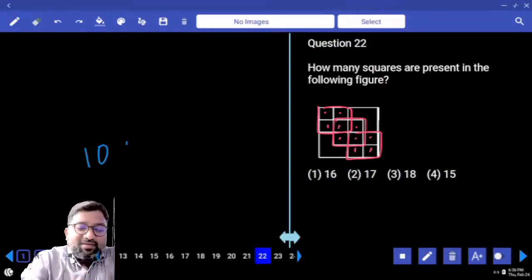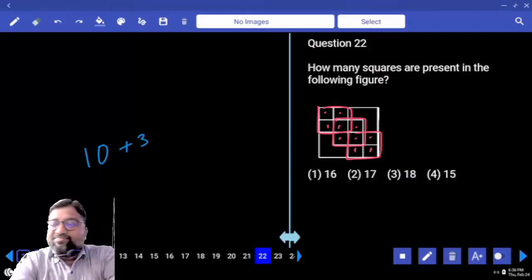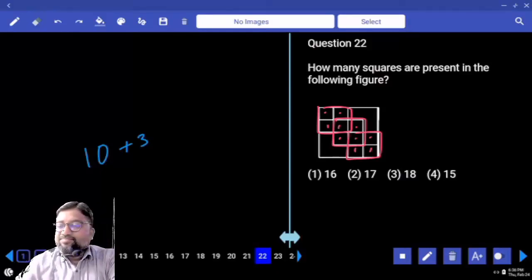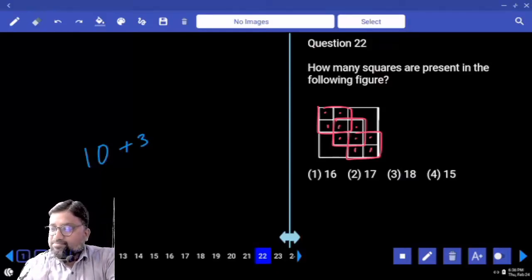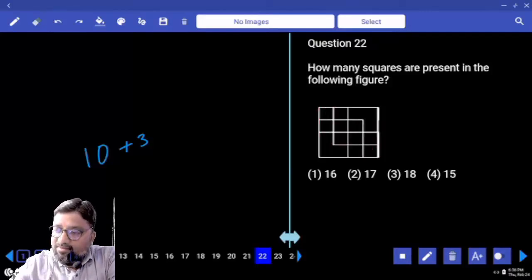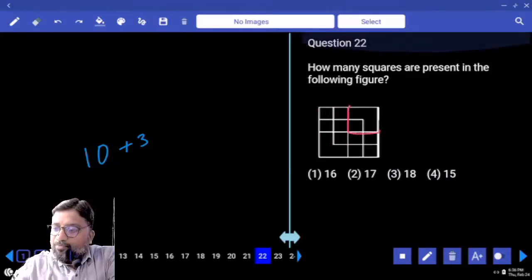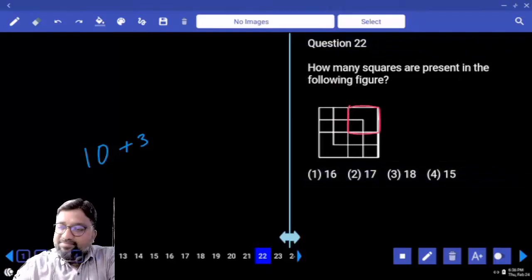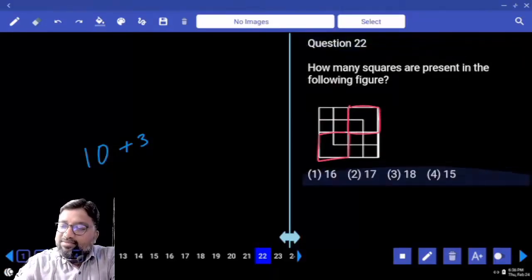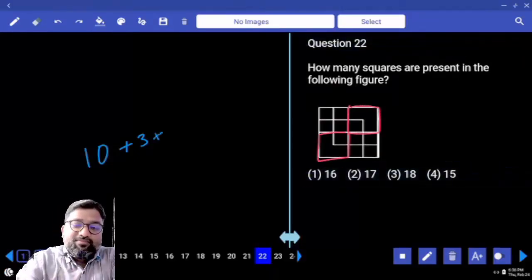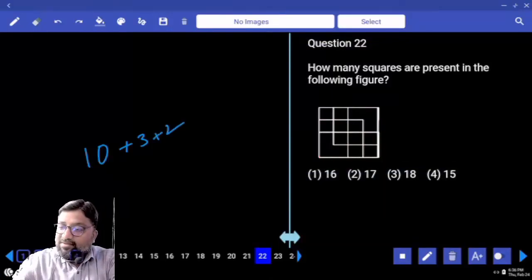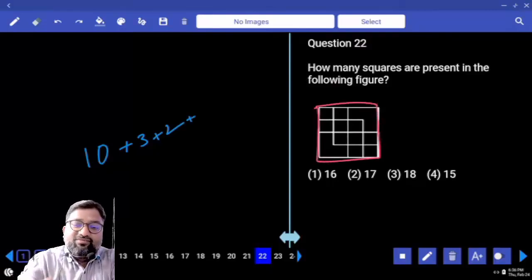Antena? 10 plus 3. Inka? Chapandama. 1. This is 2. Plus 2, 1 big square plus 1.